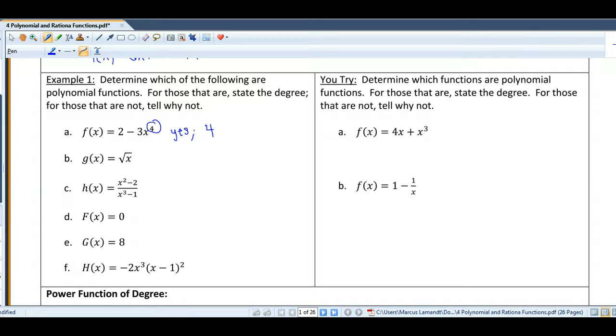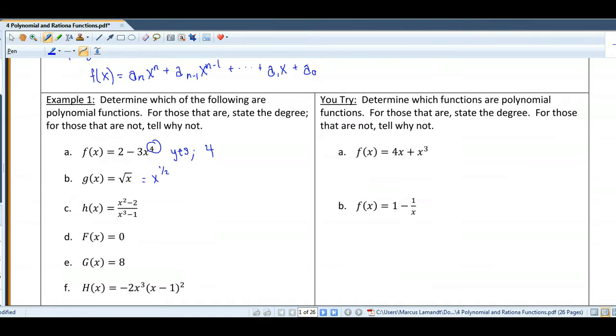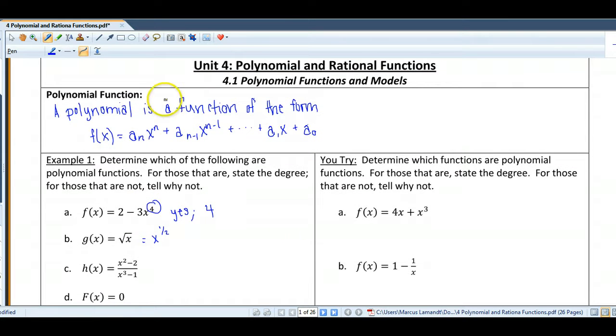Okay? For B, g is not a polynomial function because the square root of x can also be written like this, x to the 1/2 power. So the variable x is raised to the 1/2 power, which is not a non-negative integer. In order to have a polynomial, all of these powers must be non-negative integers.